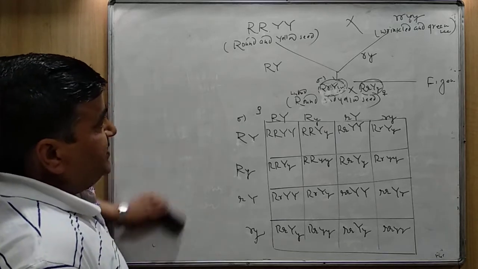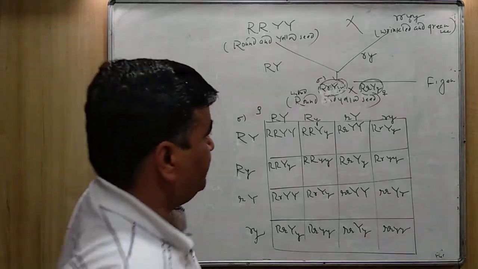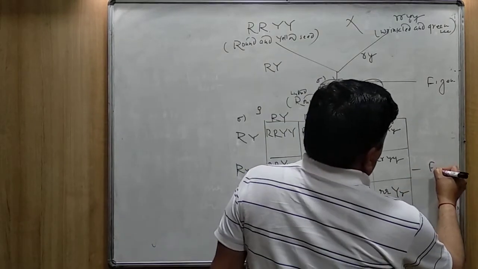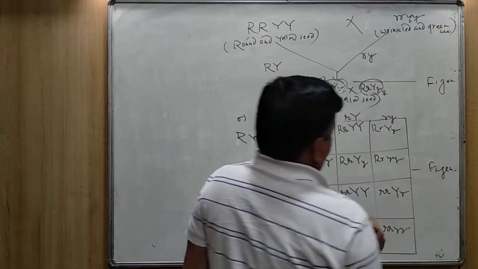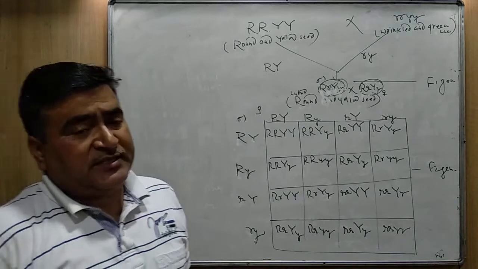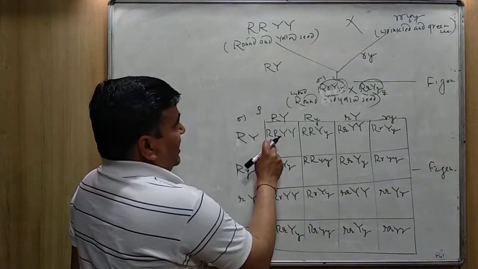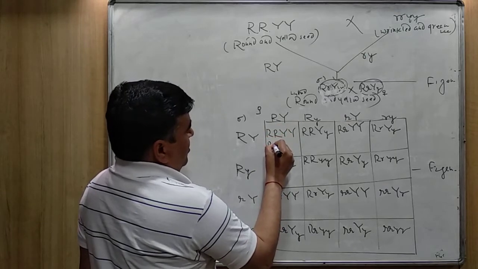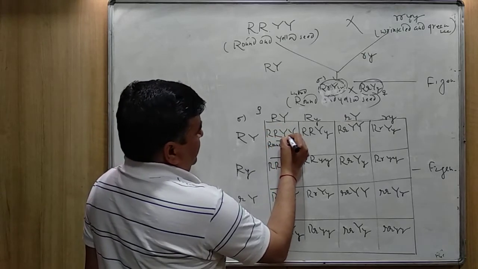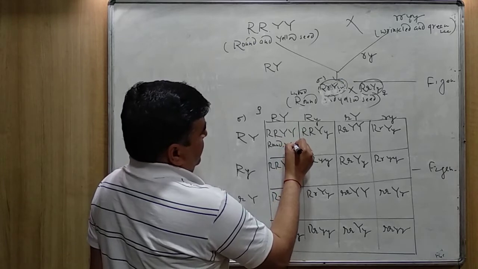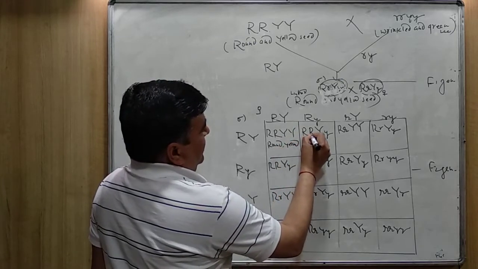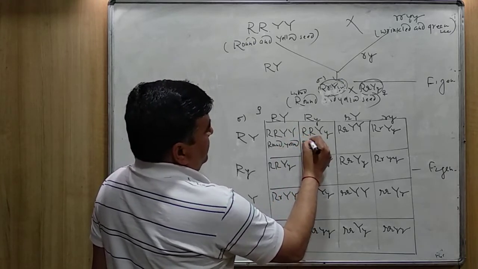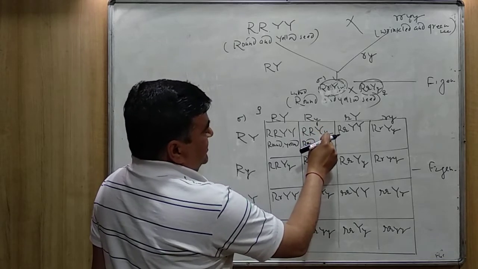Now you write down the phenotypic expression. These are the plants of the F2 generation, or you can say second filial generation. R is for round, and YY for round and yellow. RR, round. Y is dominant over this small y.